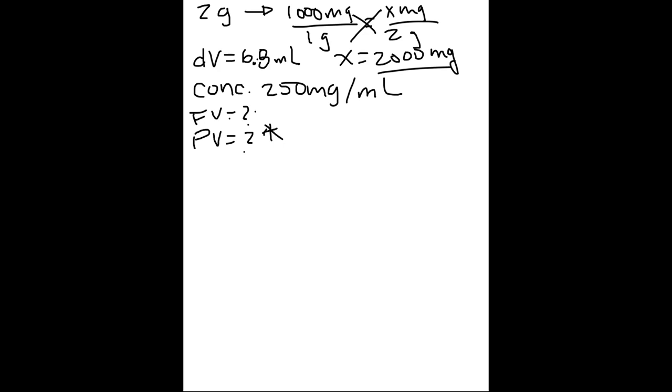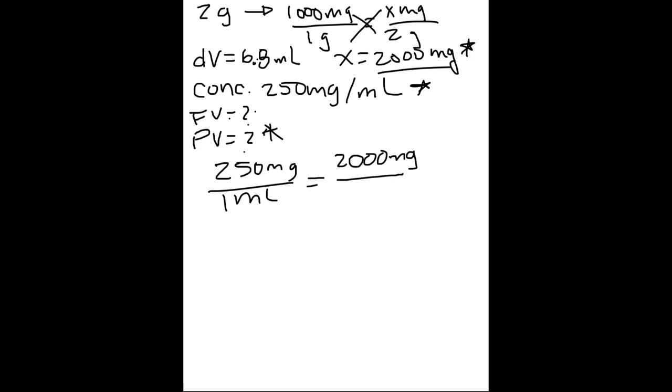So we're going to go ahead and use our concentration and the total grams that we know, or the total amount of medication that we know. So let's set it up as 250 milligrams per mL is equal to 2,000 milligrams, because we already converted our grams to milligrams, over x milliliters. And this bottom part is actually our final volume, okay? So that's what we're looking for.